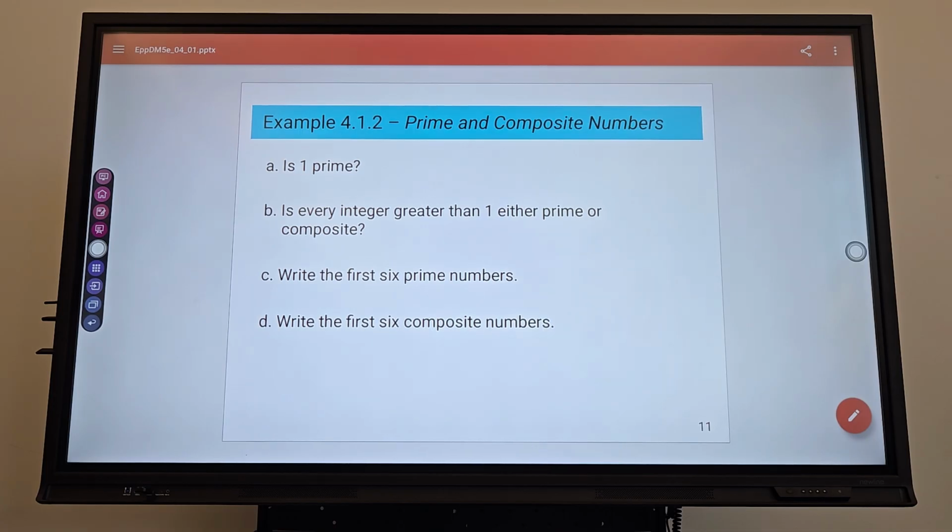What are the first 6 prime numbers? 2, 3, and what was 5? No, not 6, because 6 is 2 times 3.